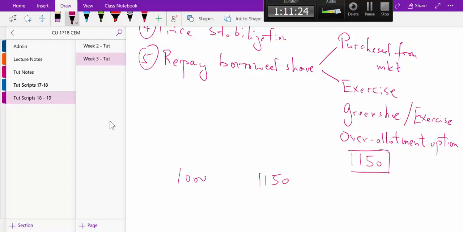Otherwise, they are short. They don't have enough. Okay. If the iBank actually bought, let's say, 40 from the market during the price stabilization period, then the iBank will ask for 110. So it is not really an option as such.